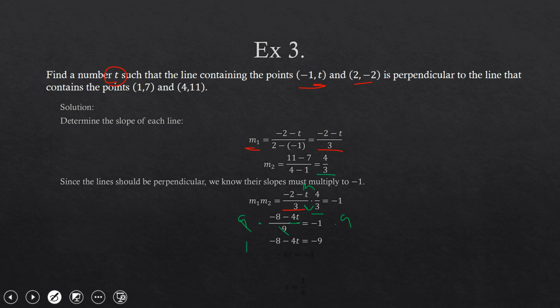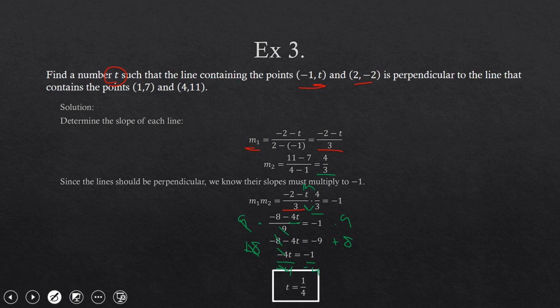And we're going to add 8 to both sides, plus 8, plus 8, to cancel that 8 out. So that gives us -4t equals -9 plus 8, which is -1. And then lastly, we'll divide both sides by -4 to cancel that. That gives us t is equal to 1/4.